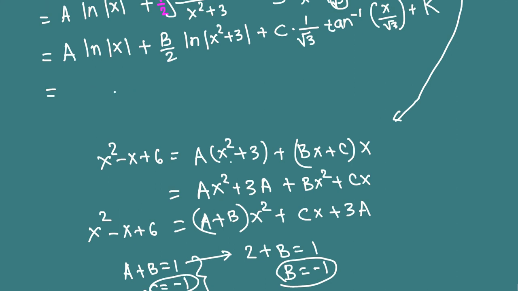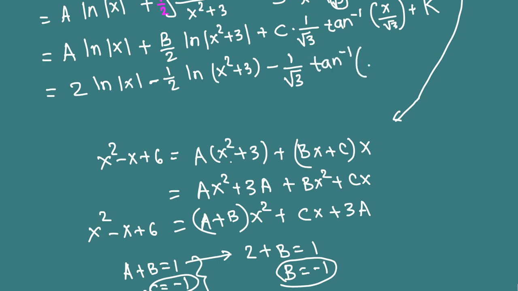So a is 2, so 2 natural log of x, plus b is negative 1, so negative 1/2 natural log of x squared plus 3, we don't need absolute value because this is always positive, and c is also negative 1, so negative 1 over root 3. This is okay, you don't have to rationalize. Inverse tangent of x over root 3 plus k. Final.